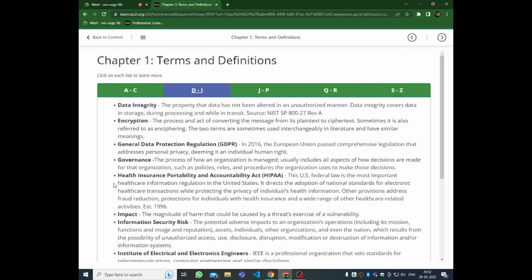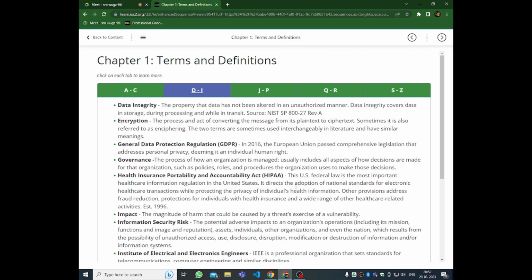And the next one is HIPAA, the Health Insurance Portability and Accountability Act. It comes under US federal law and is the most important healthcare information regulation in the United States.